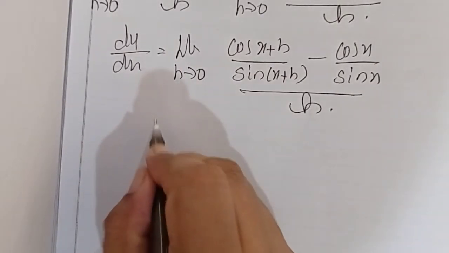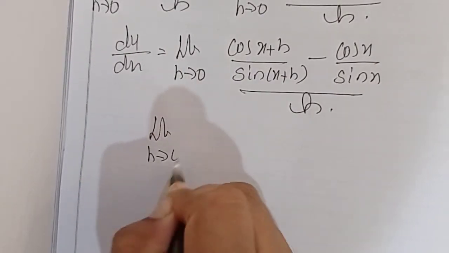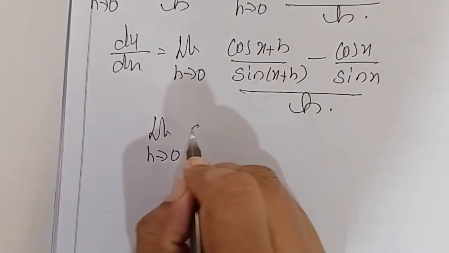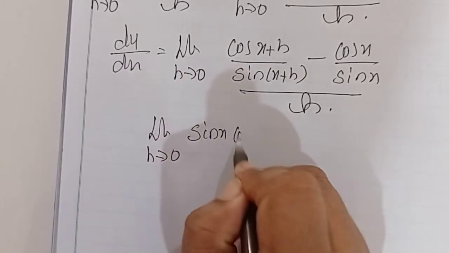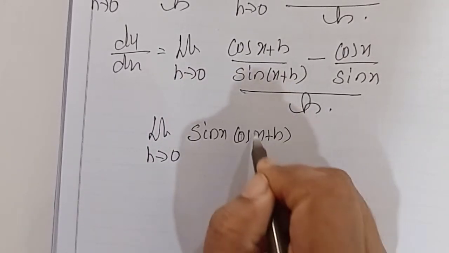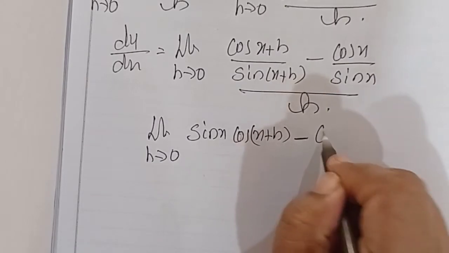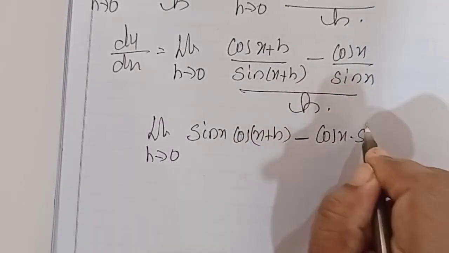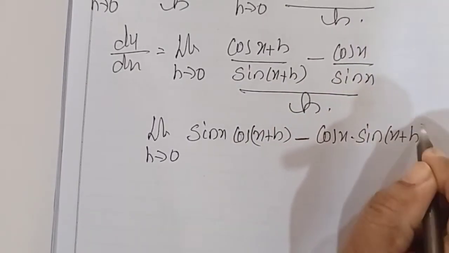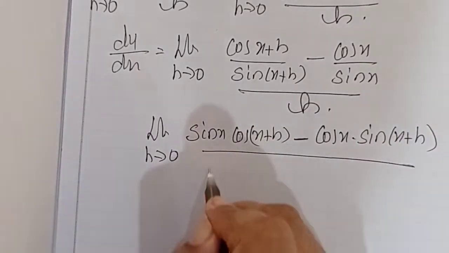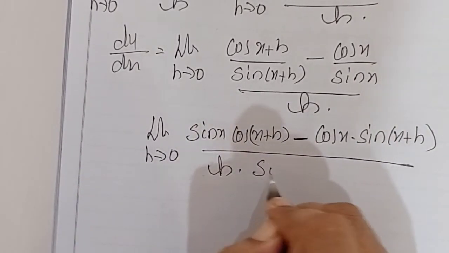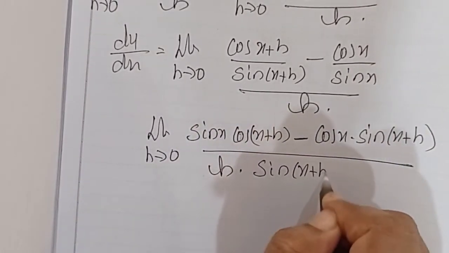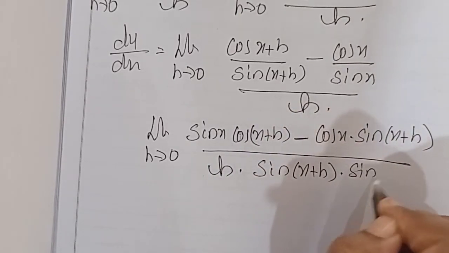That is limit h tends to 0, taking the LCM, sin x into cos (x plus h) minus cos x into sin (x plus h) by h into the denominator LCM part, sin (x plus h) into sin x.